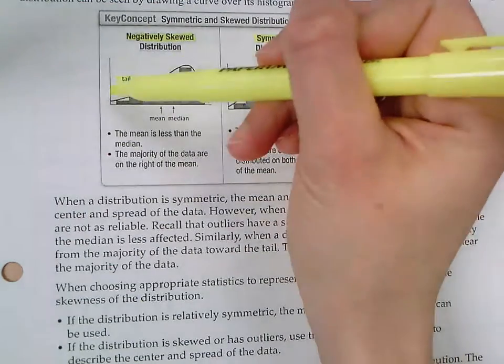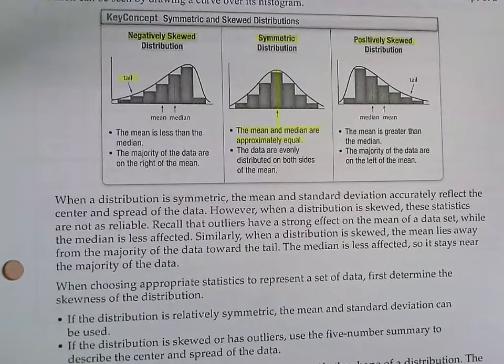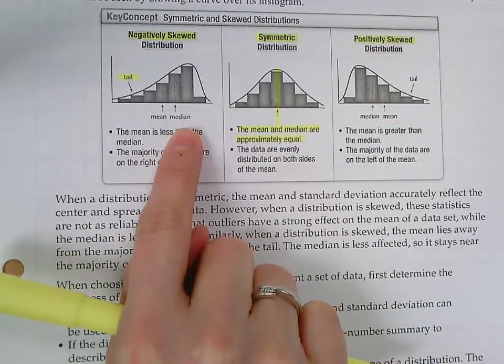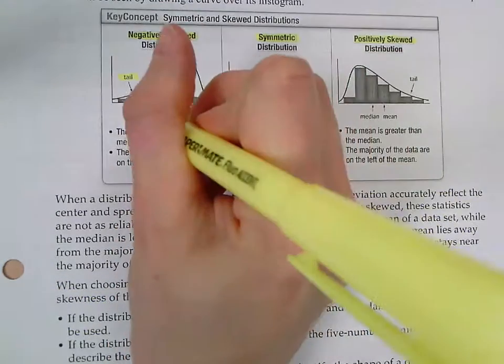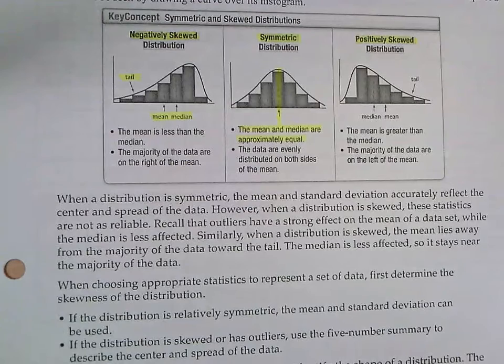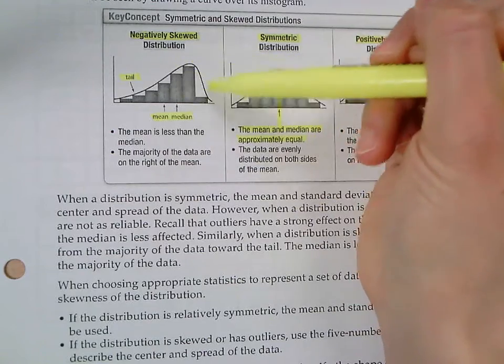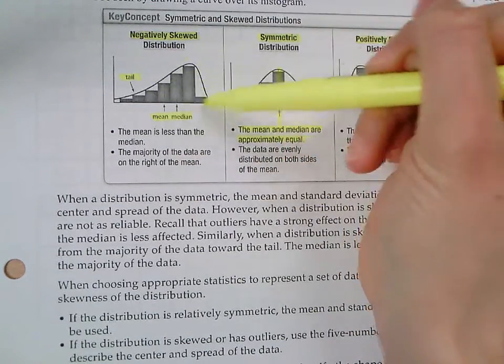What that tail does is it pulls the mean, the average, down with the tail, so it pulls the mean away from the median. The mean is more affected than the median is, so the mean ends up being smaller than the median in that case. The majority of your data is still going to be on the right side, away from that tail.